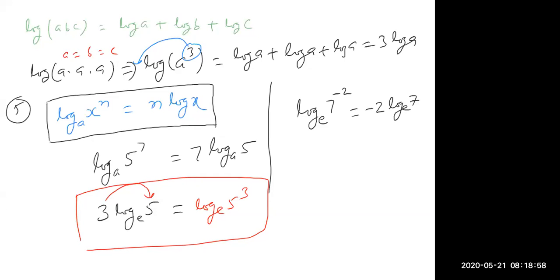So all are examples of that. This is clear? Yes, sir. Here next, sixth property.